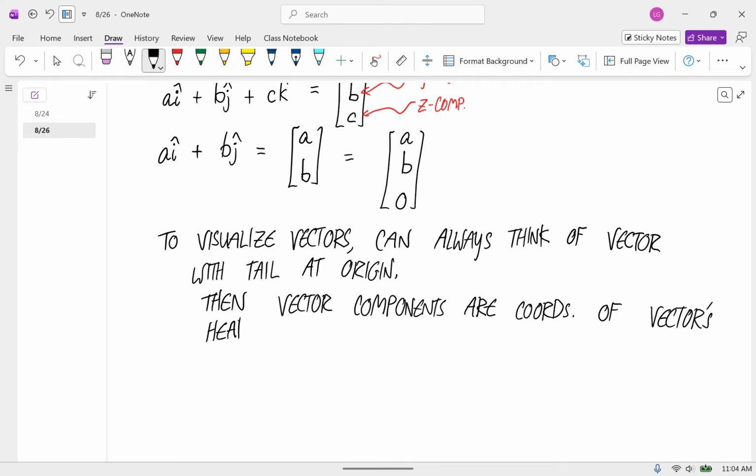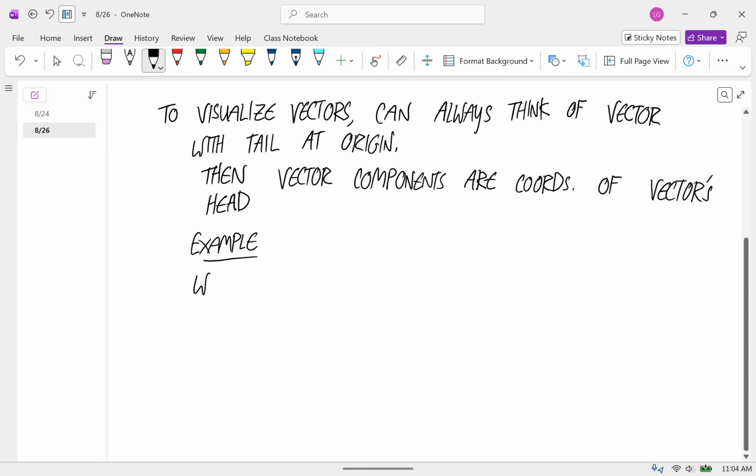Okay, so for example, what does the vector (6, -4) look like?